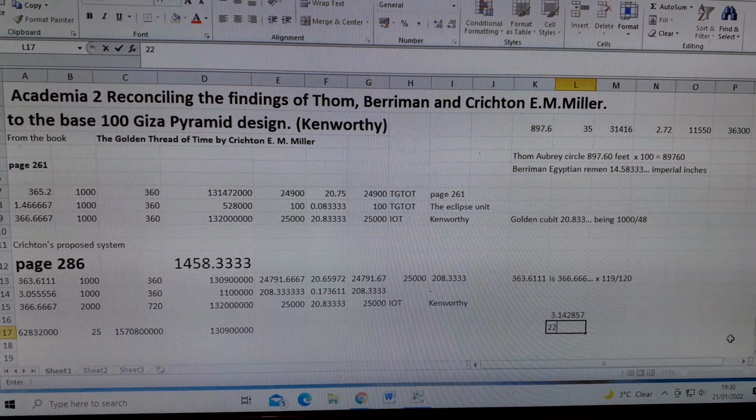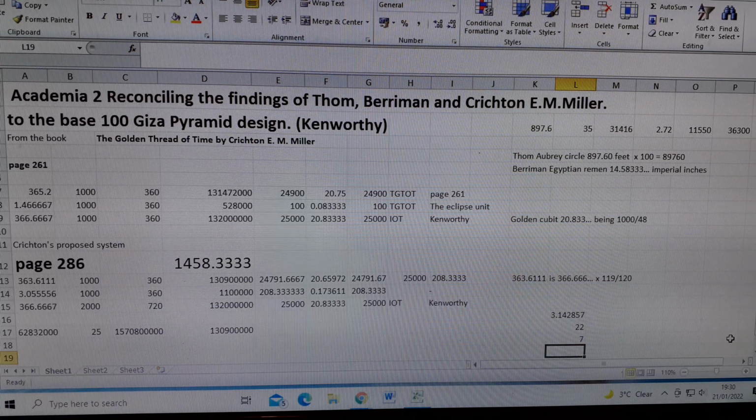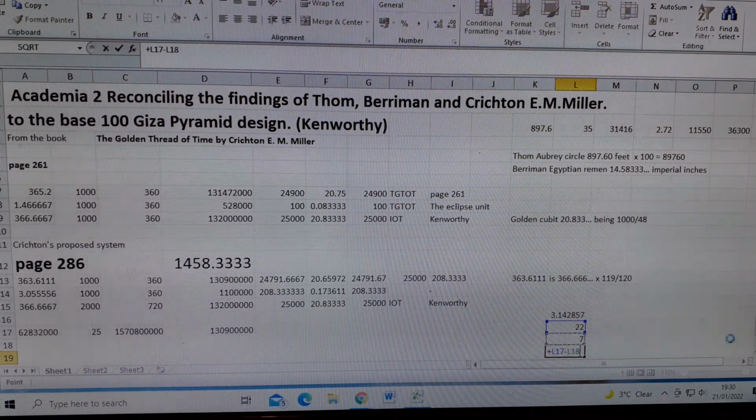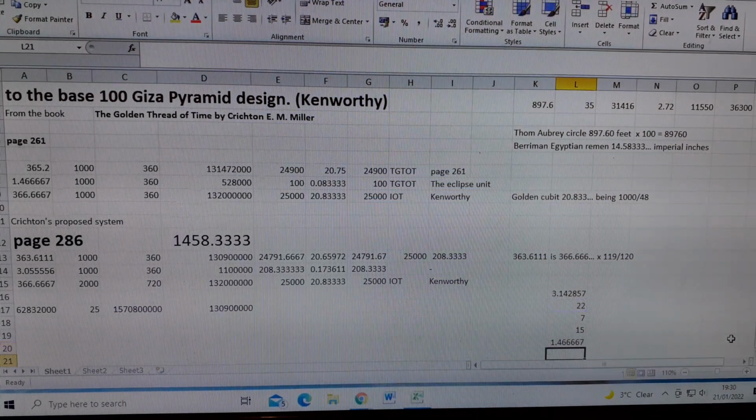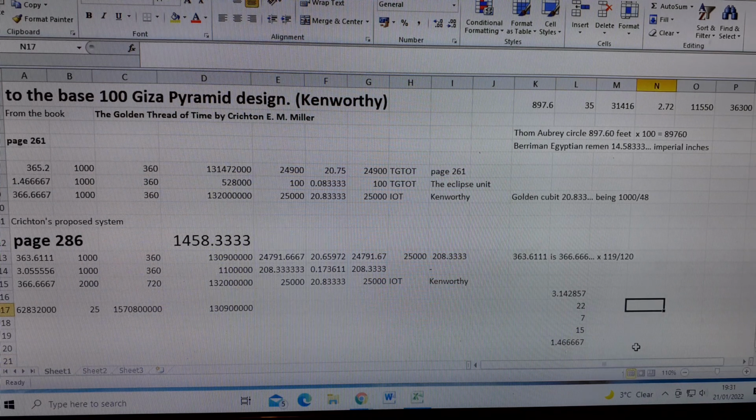So we've got 22, 7, and when we take 7 from 22, we get 15, and we divide that, we always get 1.466 in any 22/7 circle. So at Stonehenge, we've got 897.6.